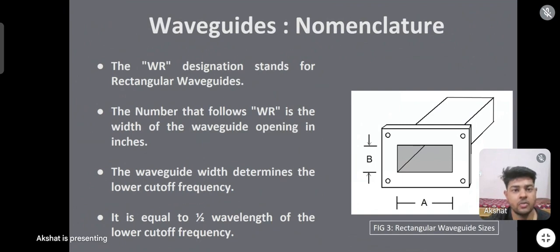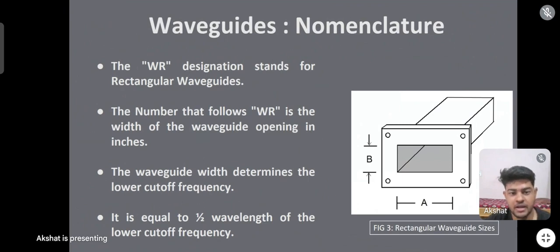So, how are waveguides named? The WR designation stands for rectangular waveguides, similar to the figure which we are seeing right now. The number that follows WR is the width of the waveguide opening in inches. The waveguide width determines the lower cutoff frequency, and it is equal to half of the wavelength of the lower cutoff frequency.